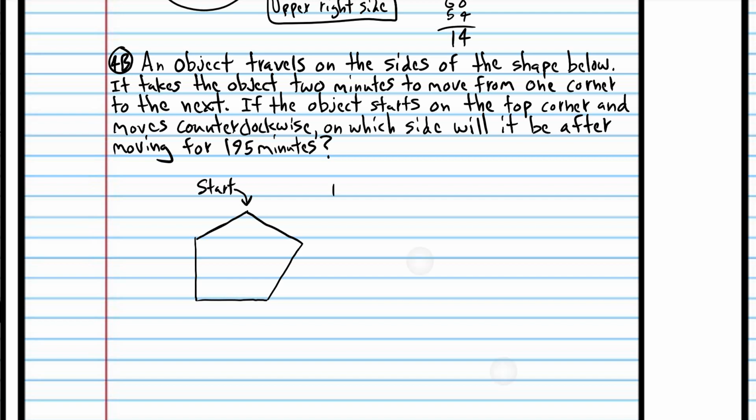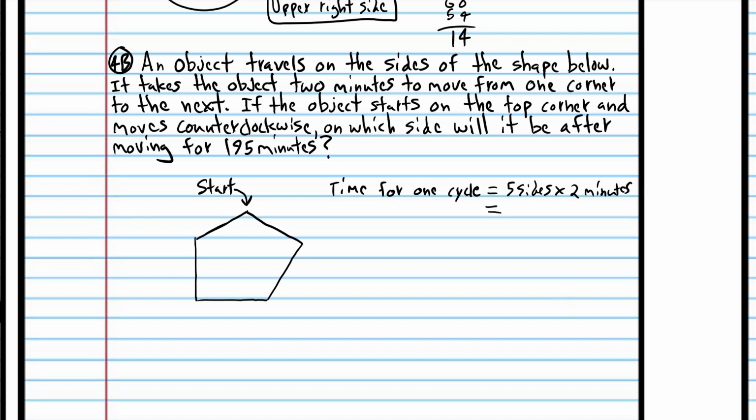So we need to figure out the time for one rotation. And instead of saying rotation, I should really say cycle. Time for one cycle is, there's 1, 2, 3, 4, 5 sides. So 5 sides times the amount of time it takes to go from corner to corner.